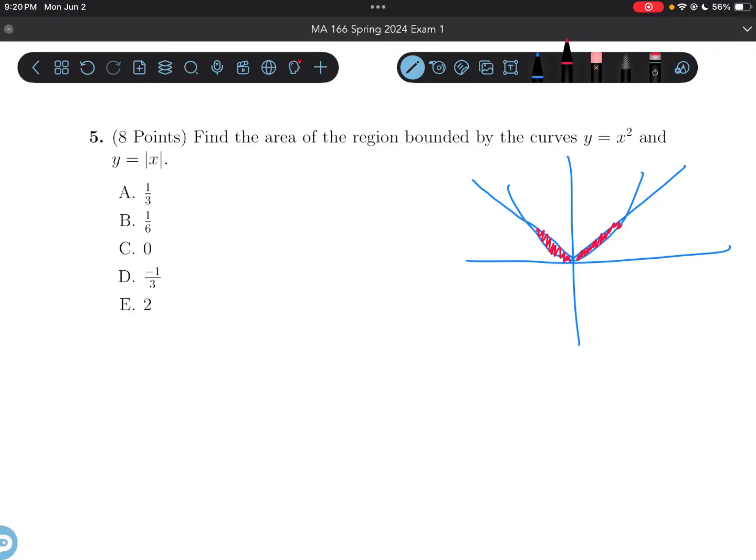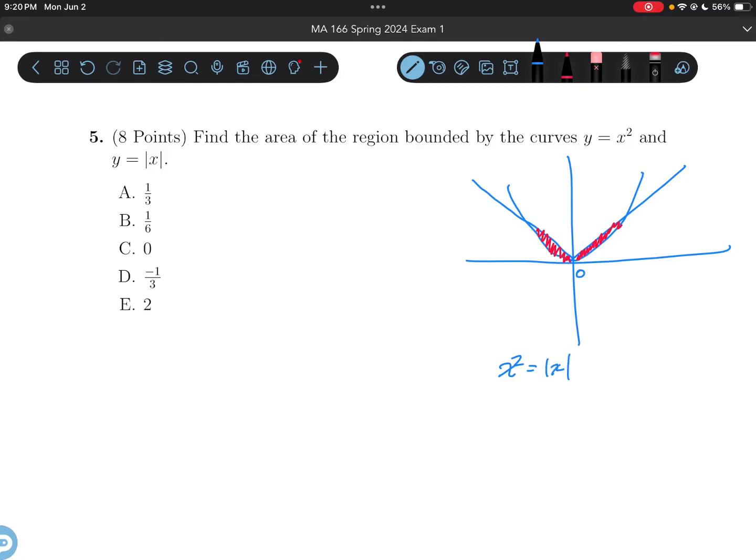Okay, so the first thing we're going to do is find out where these two curves intersect. It should be pretty easy to see that 0 is one of these points, but we can verify that again later. The way we're going to find all the points at which these two curves intersect is by setting the two curves equal to each other. So we set x squared equal to the absolute value of x.